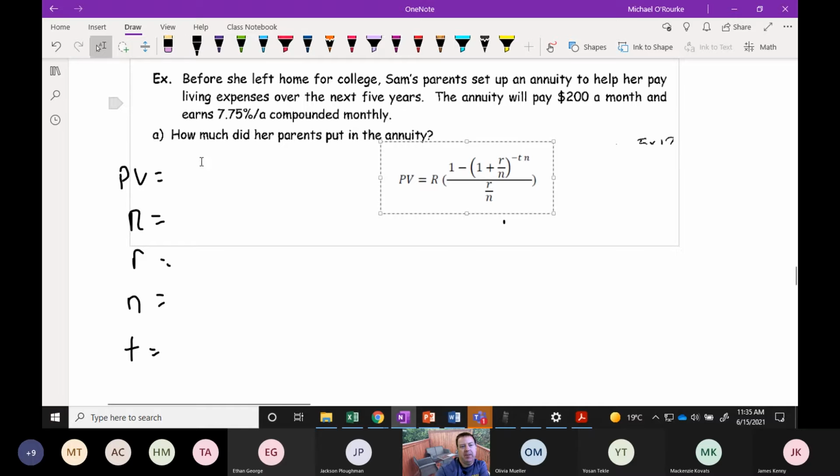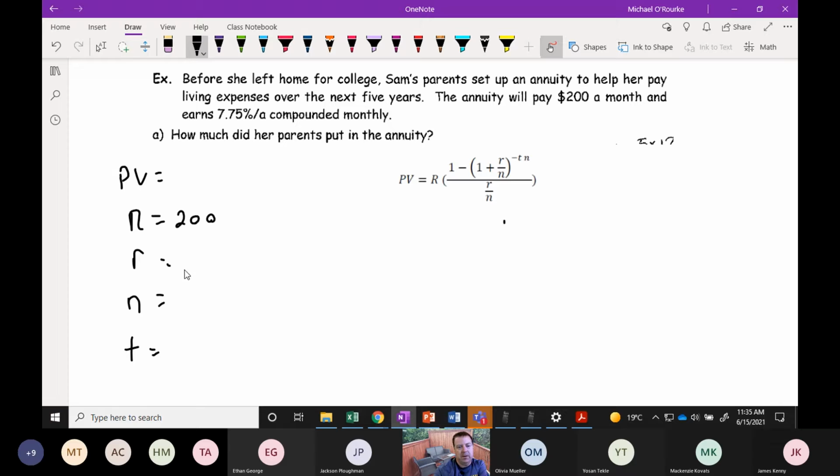Farley says the regular payment's $200. The interest rate is 7.75%, or 0.0775. What's my other information here? How long is it in years?